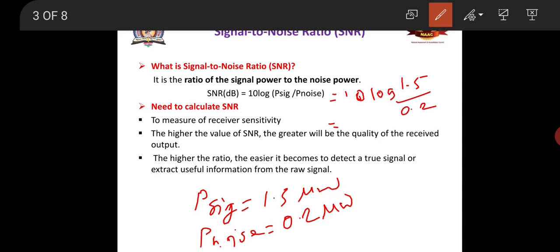So the value is near to 3 dB. So in this way the SNR can be calculated if you know the signal power and the noise power.